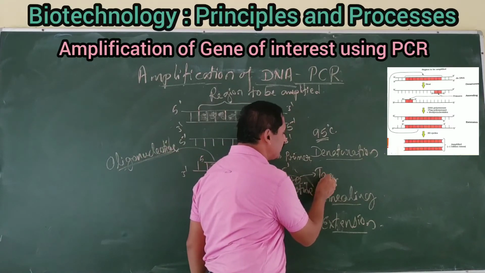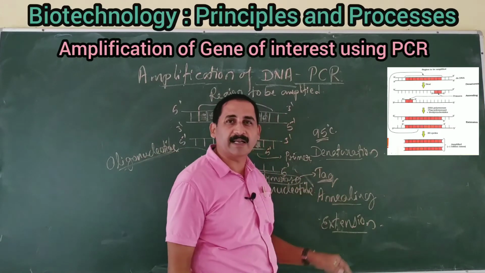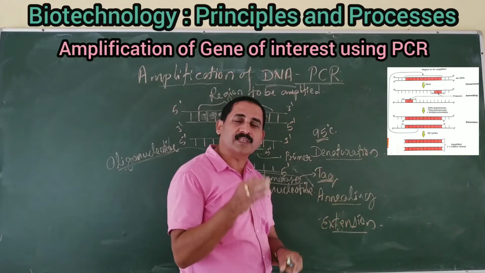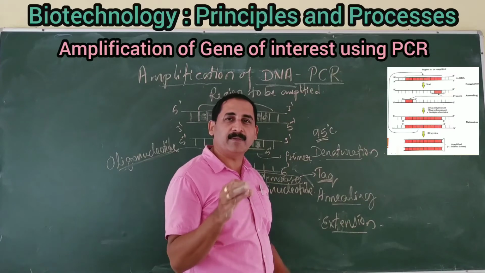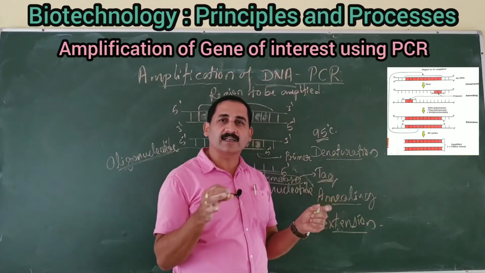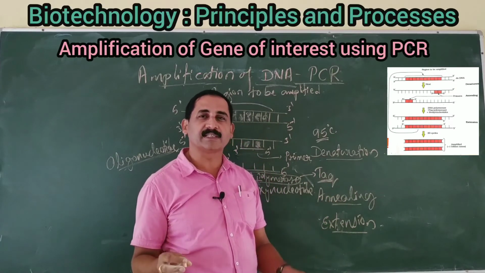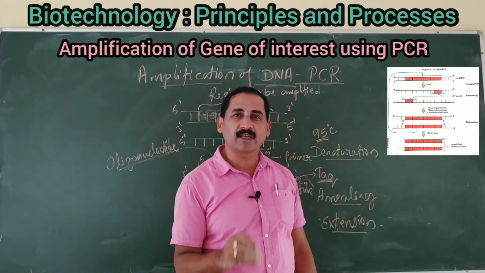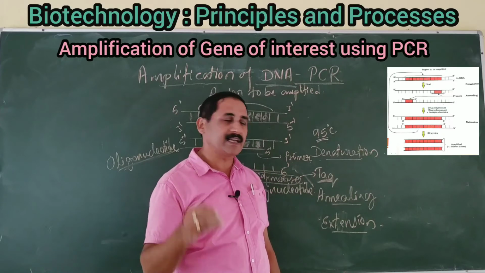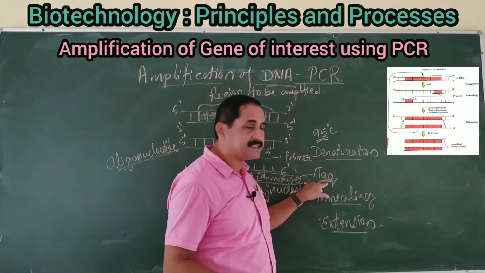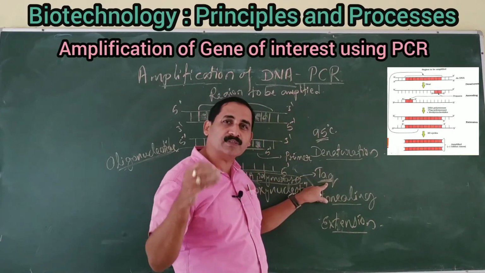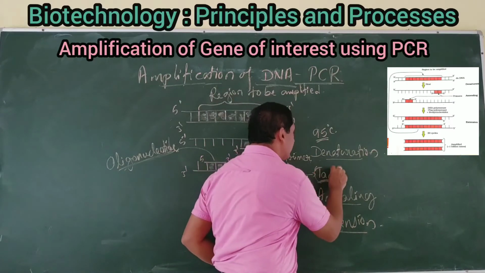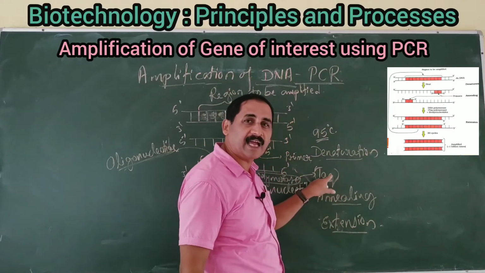Taq means Thermus aquaticus. So it is extracted from thermostable bacteria, bacteria that withstand hot climates and grow in hot water springs or deep hydrothermal vents. We extract the DNA polymerase enzyme from these thermostable bacteria. Such polymerase enzyme is called Taq polymerase.